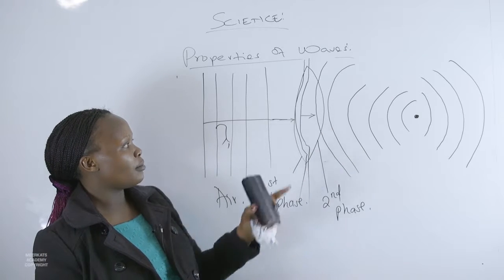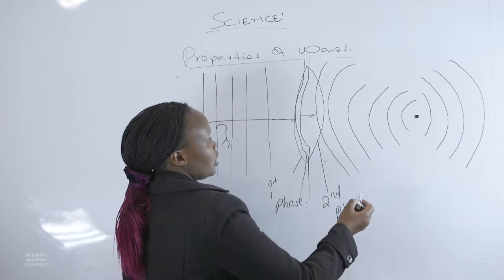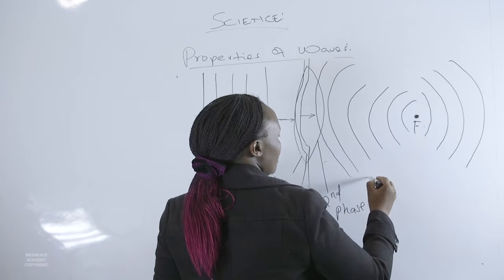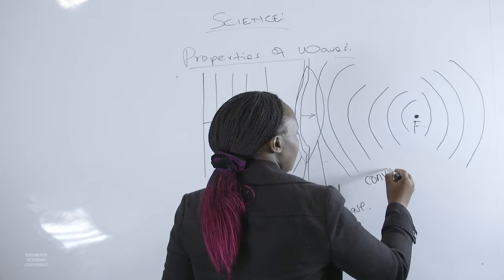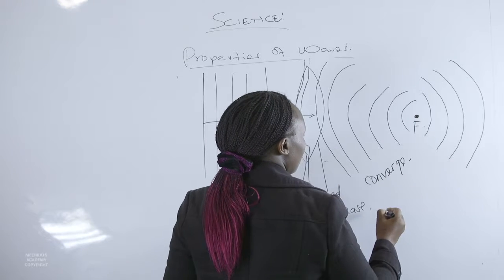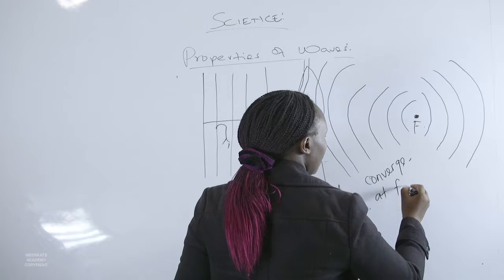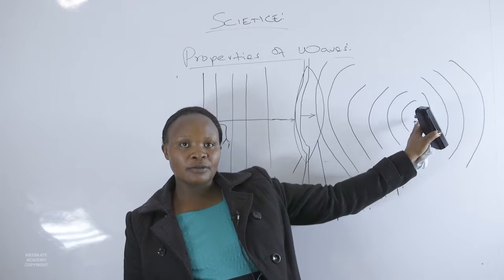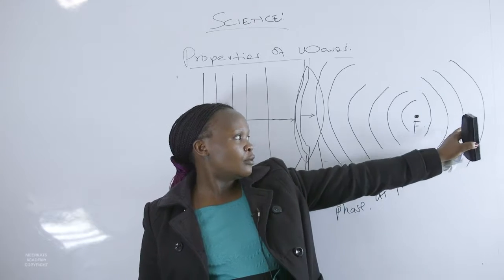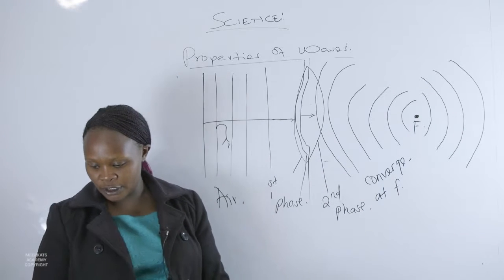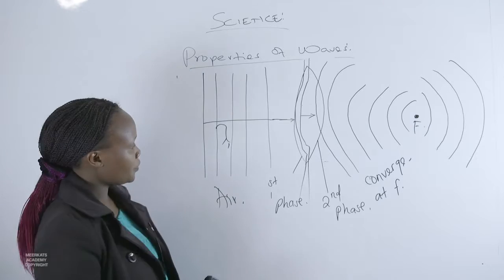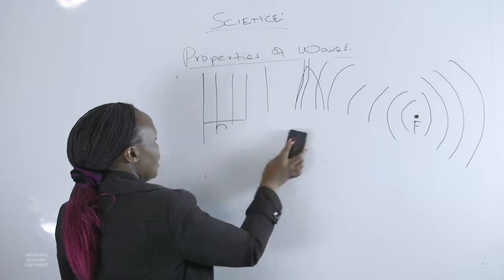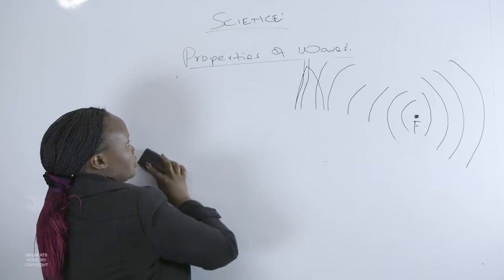Again, there will be further bending, and then we shall expect them to converge at a point F. They converge at F, and then they will spread from the same F, which is the focal point, and will continue diverging further. That is as much as we can say about refraction.